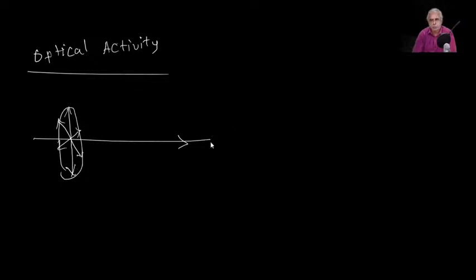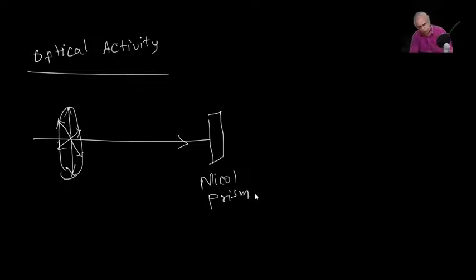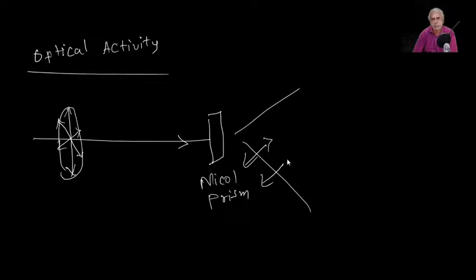When it is passed through a prism called a Nicol prism, a particular set of vibration will be split, and such type of lights are called plane polarized light.